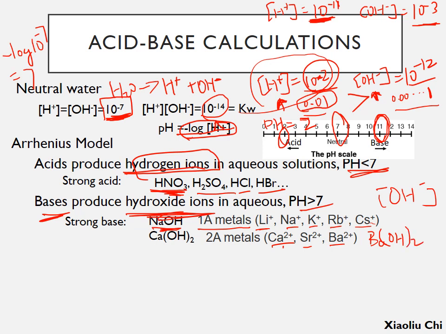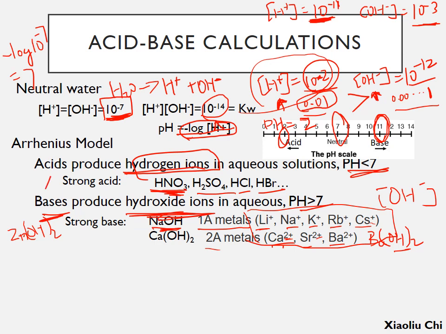Because it is the second group, you have 2 plus, so you need 2 hydroxide. So these are strong bases. Remember these, they are strong bases. And therefore, if you see something else, for example, zinc hydroxide, it's not in the list, so it's a weak base. So remember this list of strong bases.